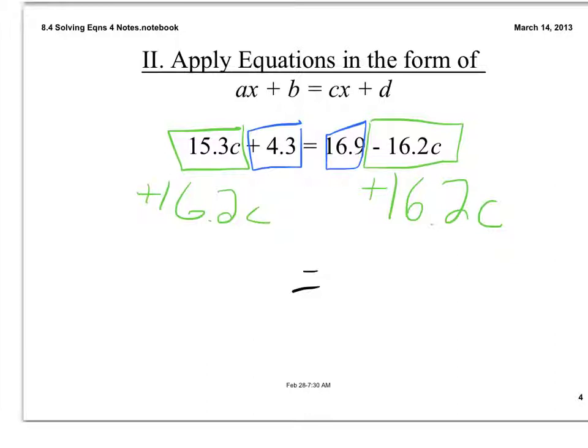So make the equal sign here. So it cancels on the right, leaving you with 31.5 times C. Then to move the 4.3 over, we will subtract it. This is going to get a little crowded here.